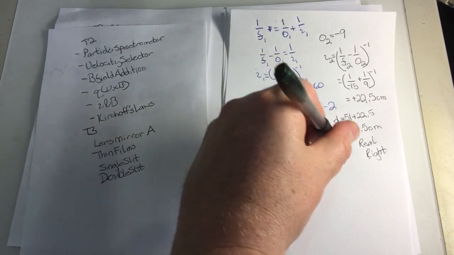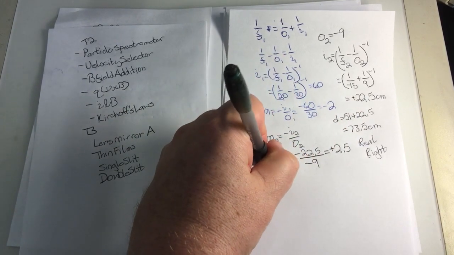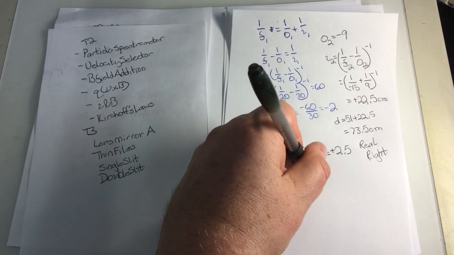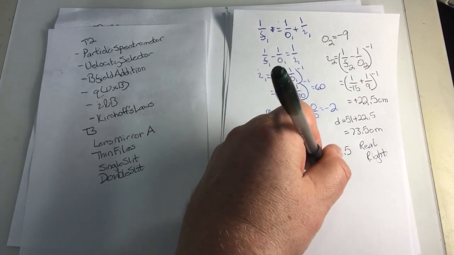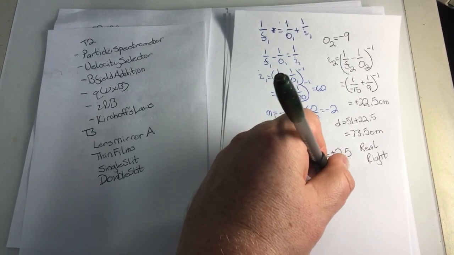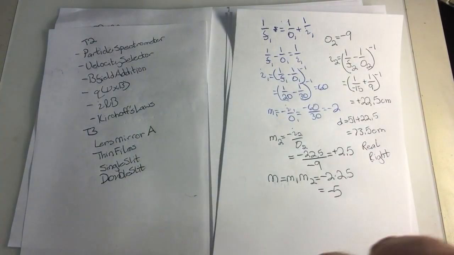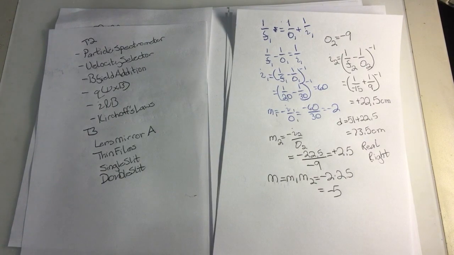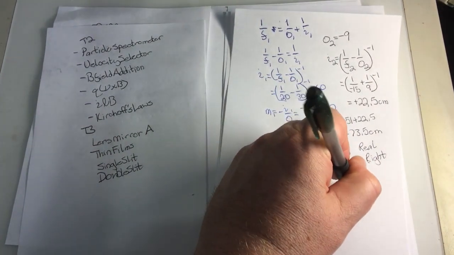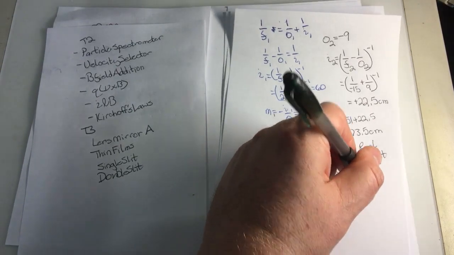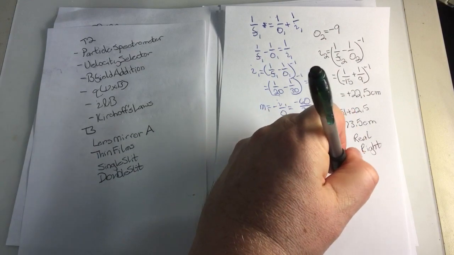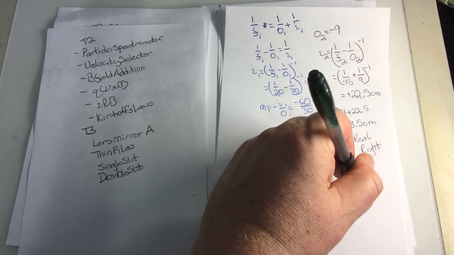This magnification is positive 2.5, but the total magnification, M, which is M1 times M2, is negative 2 times 2.5, or negative 5. So because the total magnification is negative 5, it has been inverted, and it is enlarged.